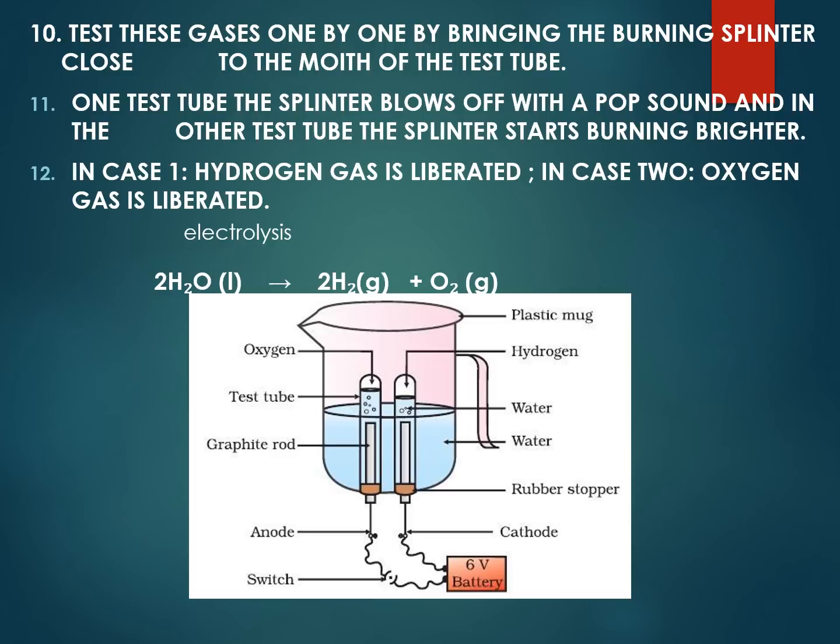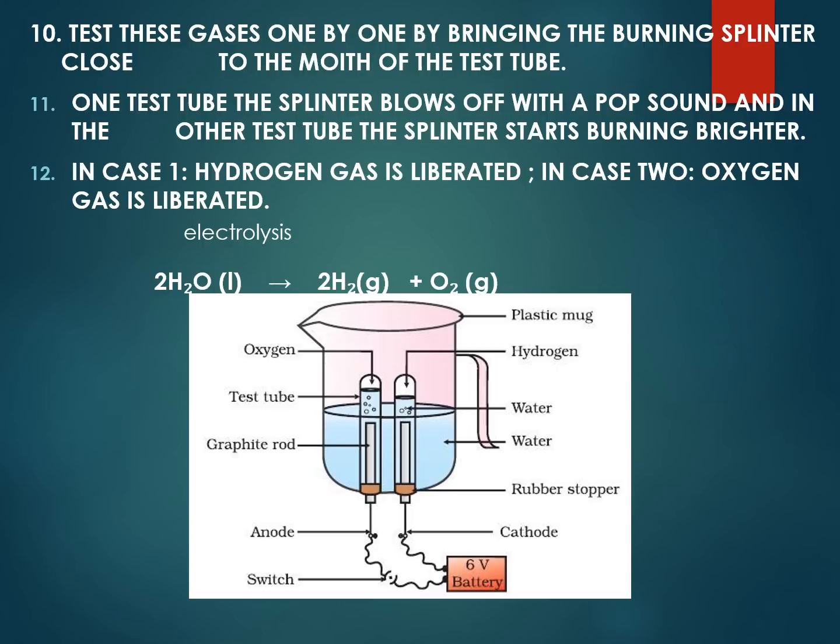Once the test tubes are filled with respective gases, remove them carefully and test these gases one by one by bringing a burning matchstick close to the mouth of the test tube. In one test tube, the burning matchstick blows off with a pop sound. This shows that the gas is hydrogen, and in the other test tube the matchstick starts burning more brightly. This is oxygen gas.